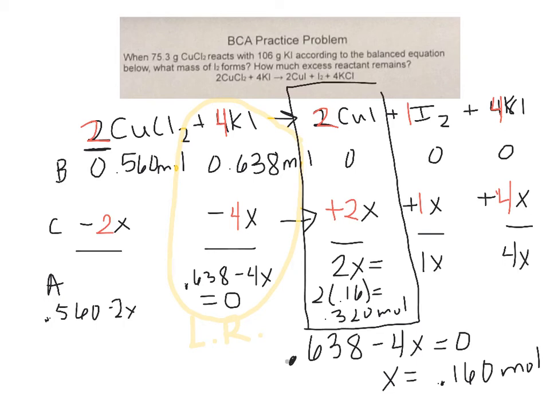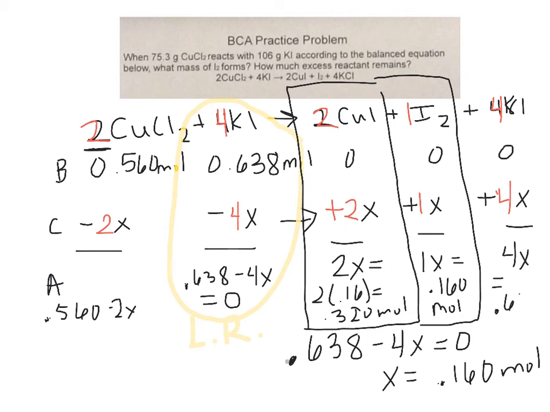Okay, there's my CuI. If I want to know my iodine, which is what one of the questions on this problem says, what mass of I2 forms, well, 1x. So I'm going to make 0.160 moles there, and I'll have to convert that into grams because they wanted mass. My KCl, 4 times 0.16. So 4 times 0.16 is 0.64 moles.